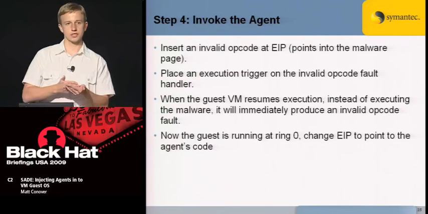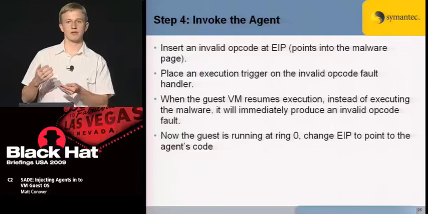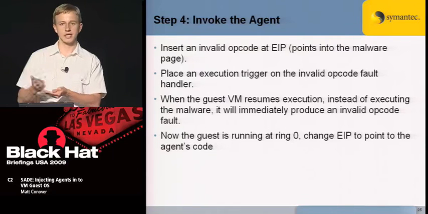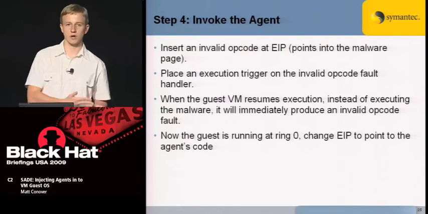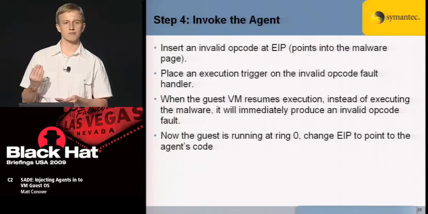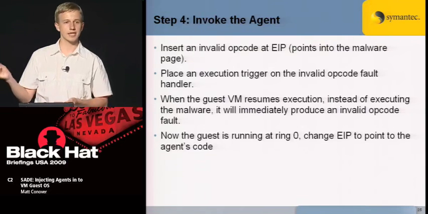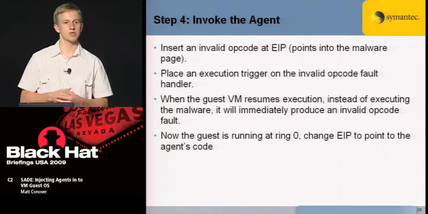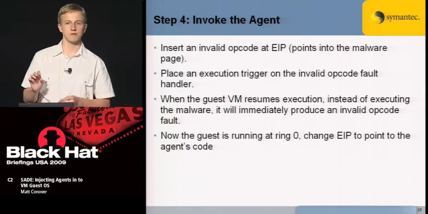So that once this invalid opcode occurs, the CPU tries to call it, and at that point, the VMware hypervisor detects this event and passes it to us. So when I say we put a breakpoint, I don't mean a physical breakpoint inside the guest. There is no sign inside the guest that we have a page execution breakpoint on the invalid opcode fault handler.